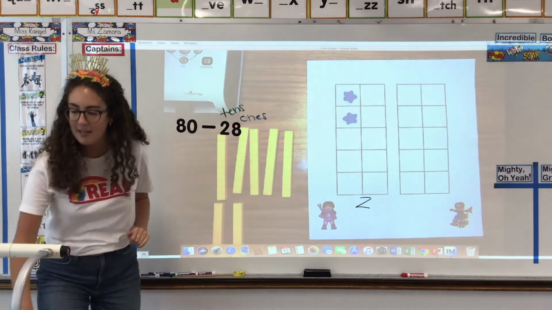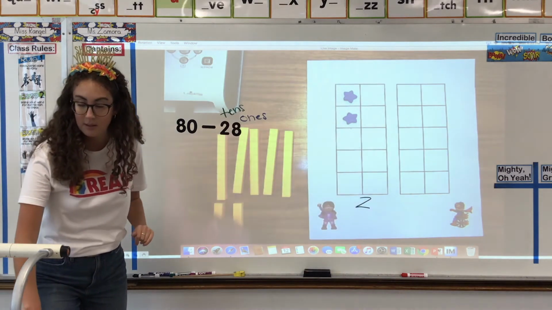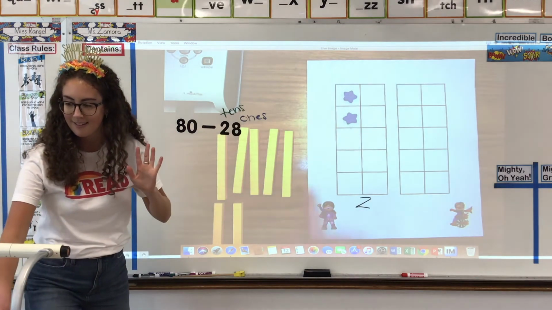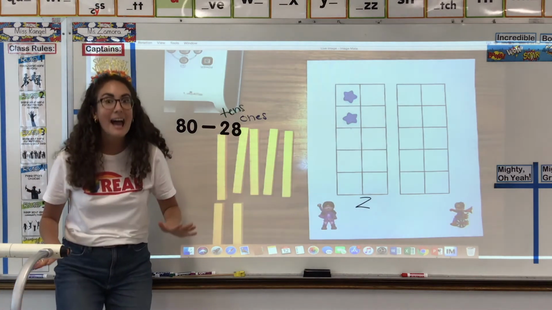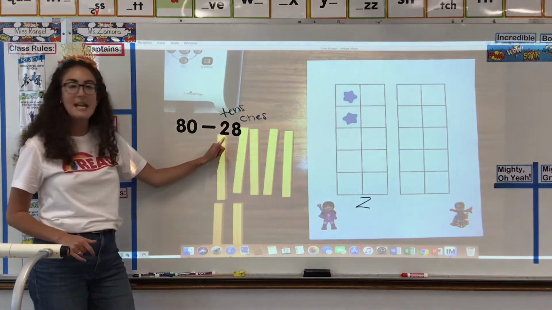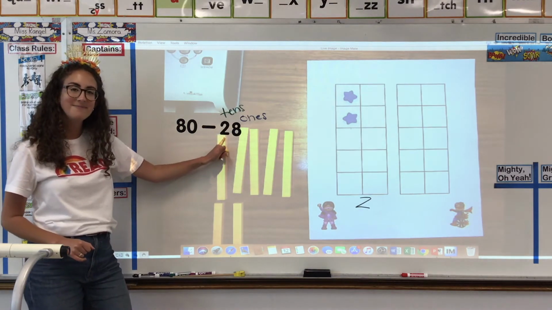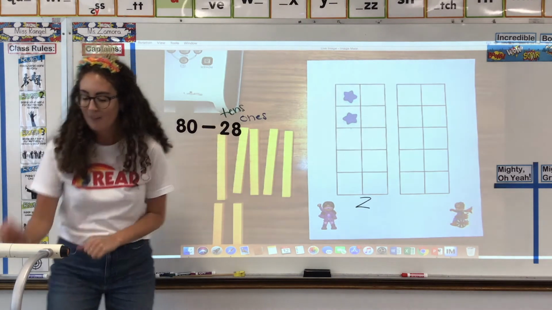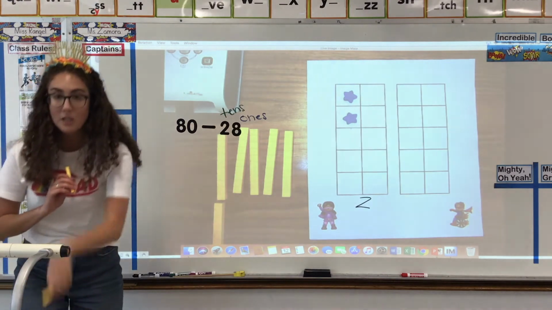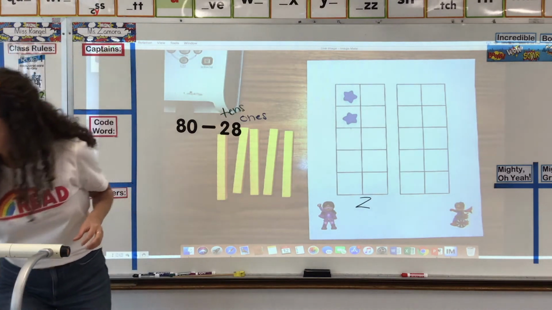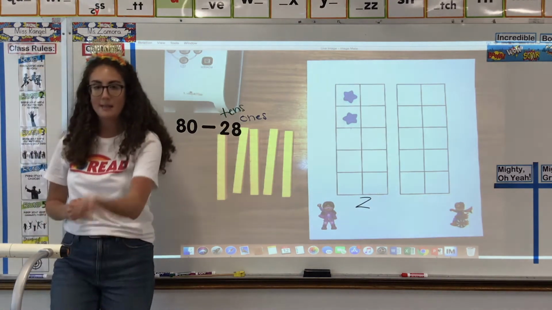And how many tens do we have right now? It's not 8. We have 7 tens. Can we take away 2? Yes, we can. So go ahead. Can you subtract 2 tens?